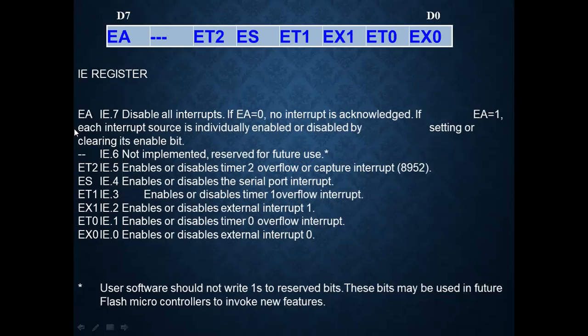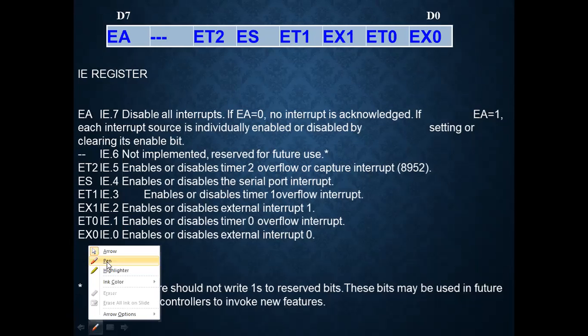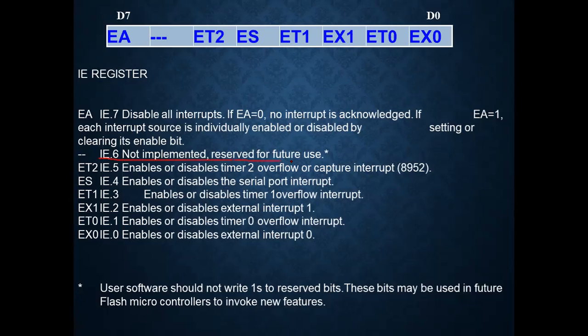You can see this interrupt enable bit 6 is not implemented and is reserved for future use. So what is the future use? User software should not write ones to the reserved bits. These bits may be used in future flash microcontrollers to invoke new features.